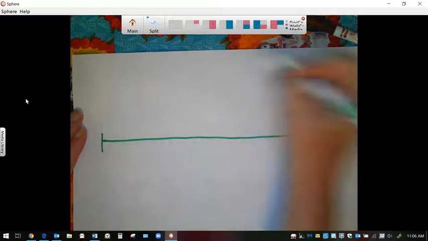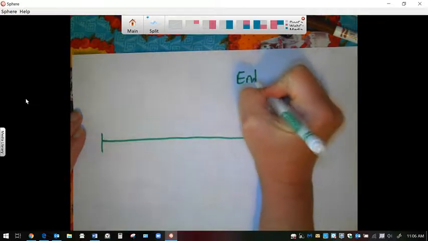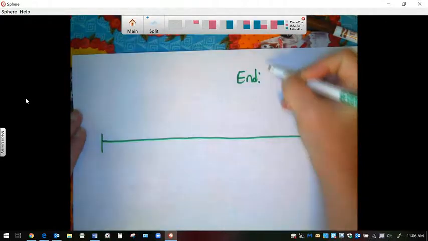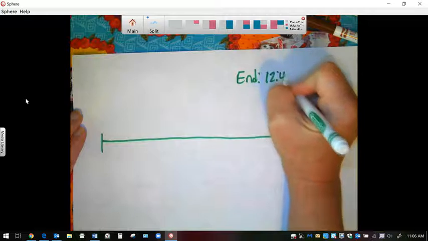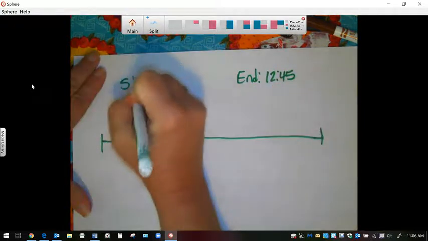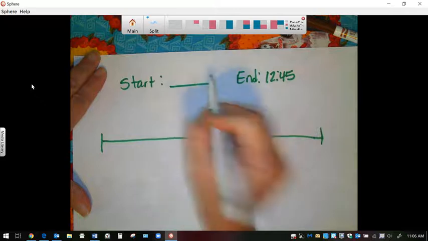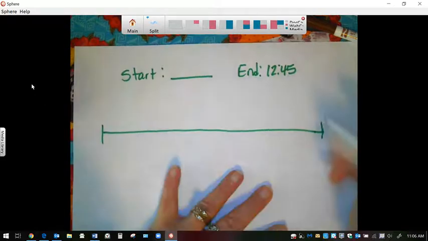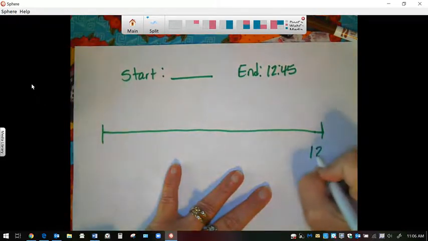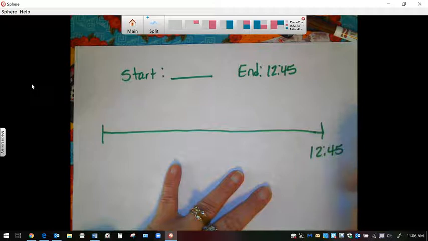All right, so we're going to do our mountains and our hills, and we know that the end time was 12:45. And we're looking for the start time.